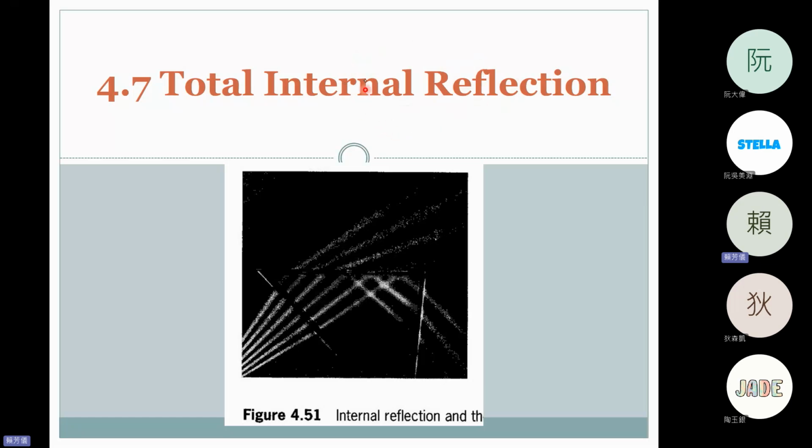In the beginning of this class, we asked, what is internal reflection? Internal reflection means the light travels from n large to n small, so this kind of reflection only happens when the light travels from the material with large refractive index to the material with small refractive index.